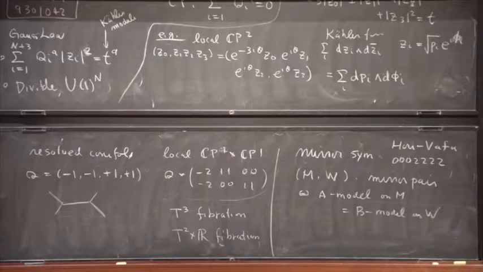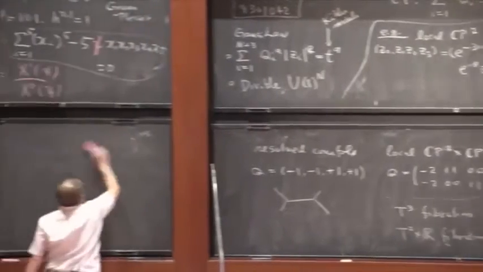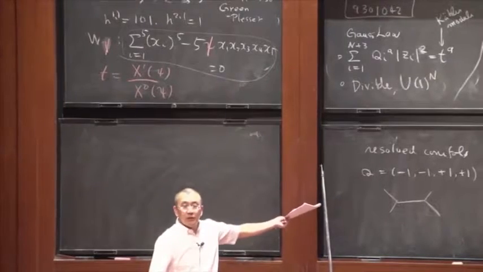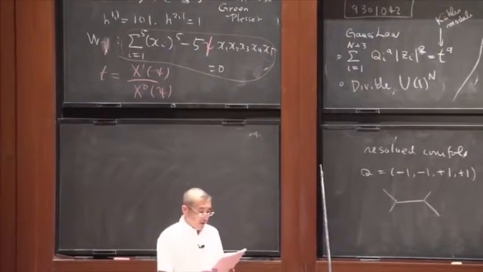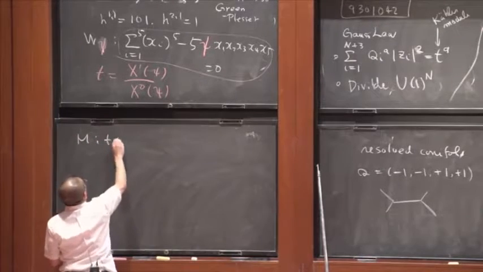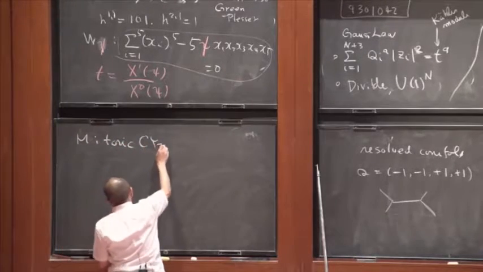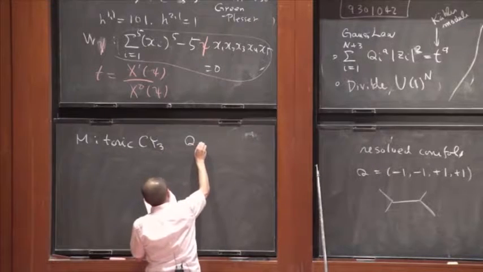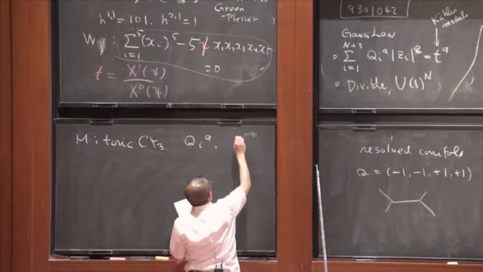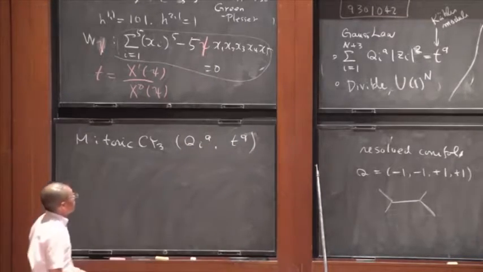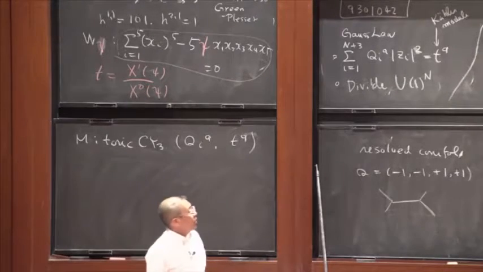The idea of Hori and Vafa is that, thanks to the translation by Witten, you can describe the sigma model with toric Calabi-Yau using the language of the linear sigma model. So suppose M is given as a toric Calabi-Yau with charge Q_i^a and scalar moduli t_a. Then what they did was use a T-duality transformation on the fiber T3.